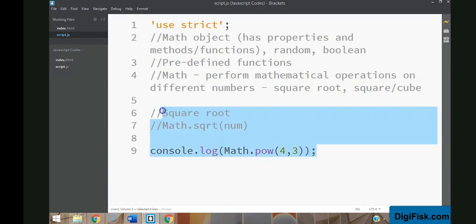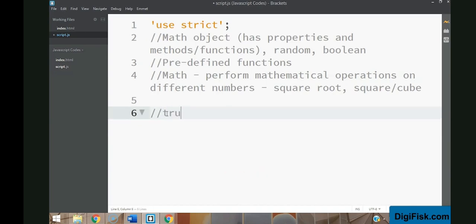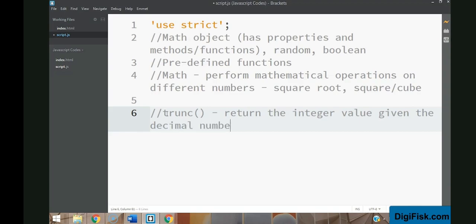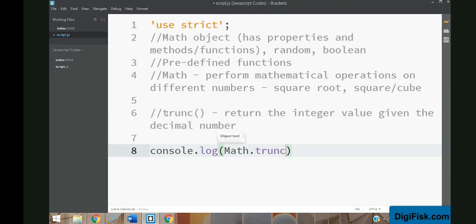There's the trunc method, where you can just return the integer value given the decimal number. Okay, let me just show you how that works. Math.trunc.